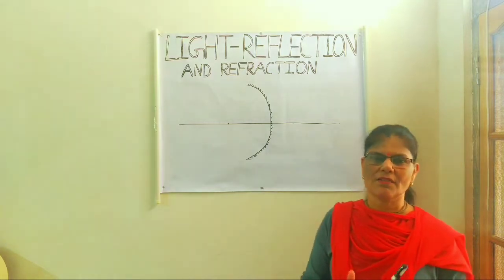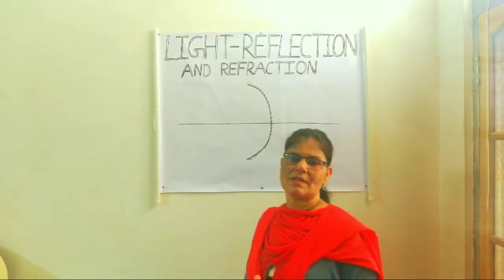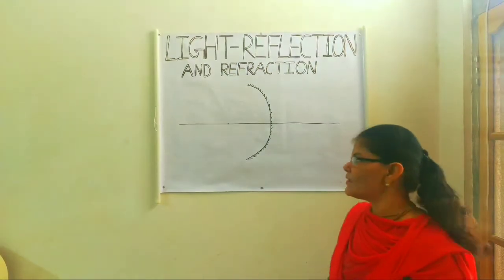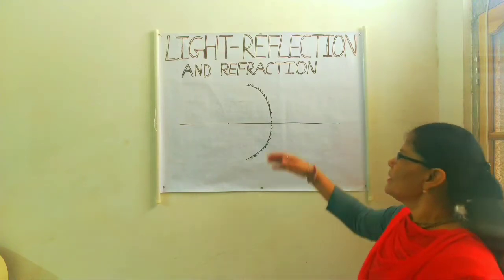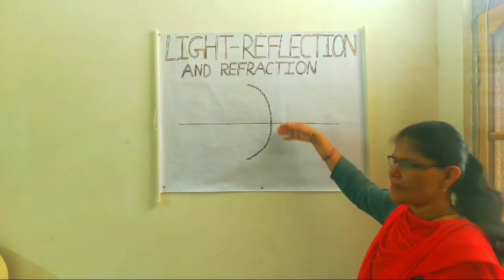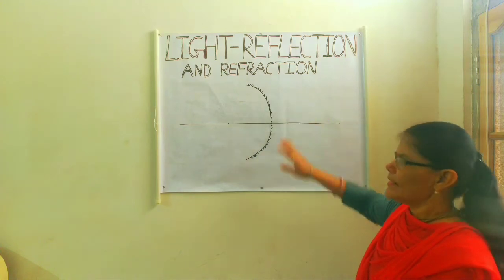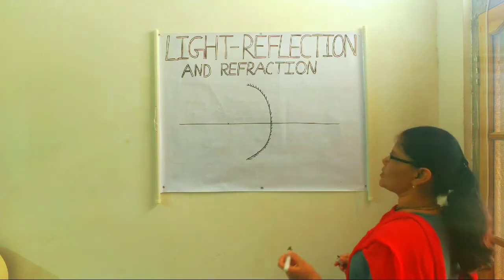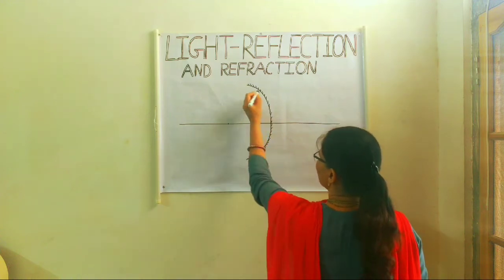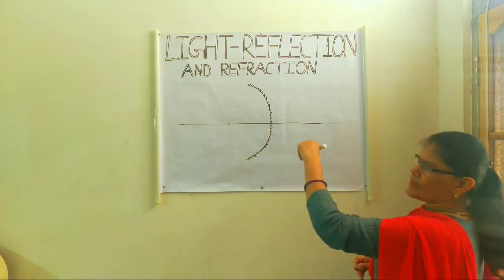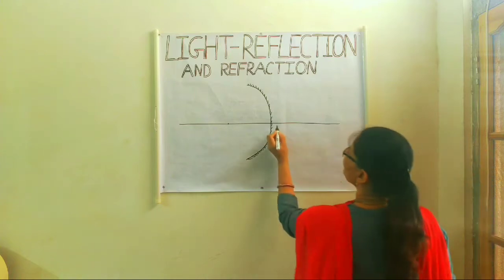So let us revise all these important terms which are related with the ray diagrams of spherical mirrors. So this is a concave mirror. It is again a spherical mirror. Let us revise the important terms only. The center of the reflecting part of this spherical mirror is called the pole.